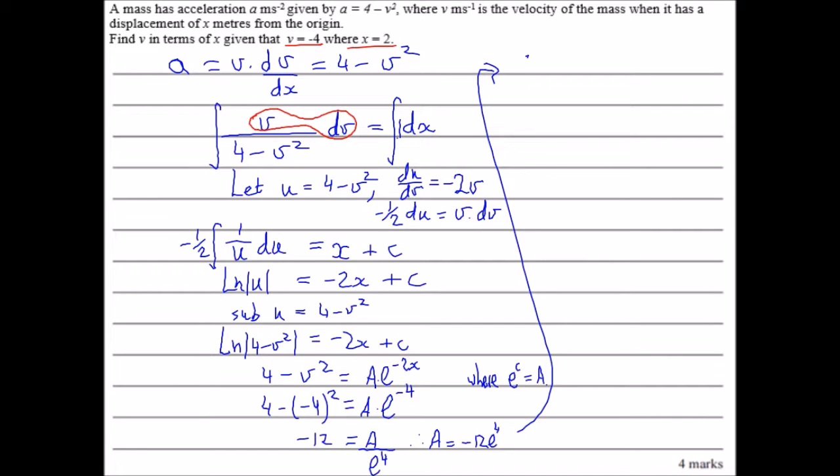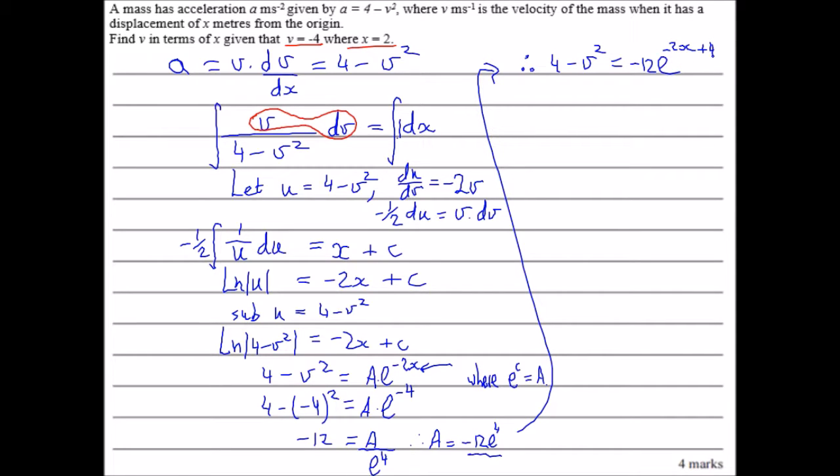Therefore we've got 4 minus v squared is equal to, now a, we're going to use this calculation for a, negative 12 e to the power of, and now the whole lot in the exponent will be a minus 2x, that's this part here, and now we have to do plus 4.